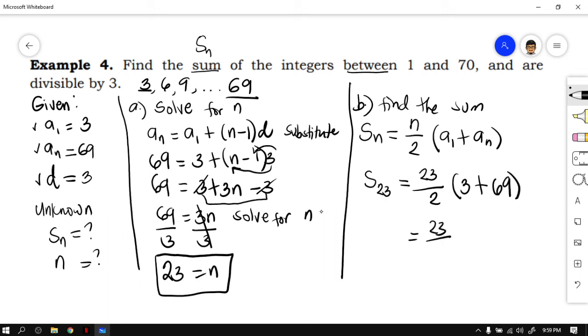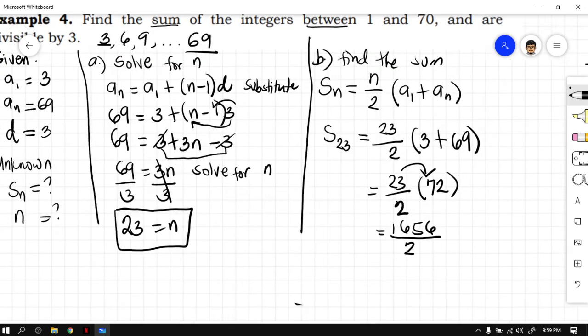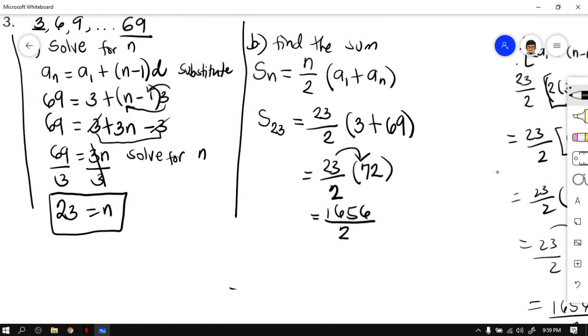And 3 plus 69, that is 72. 23 times 72 is 1,656. Let's double check it. 72 times 23, that is 1,656, and divided by 2. 1,656 divided by 2 is equal to 828.